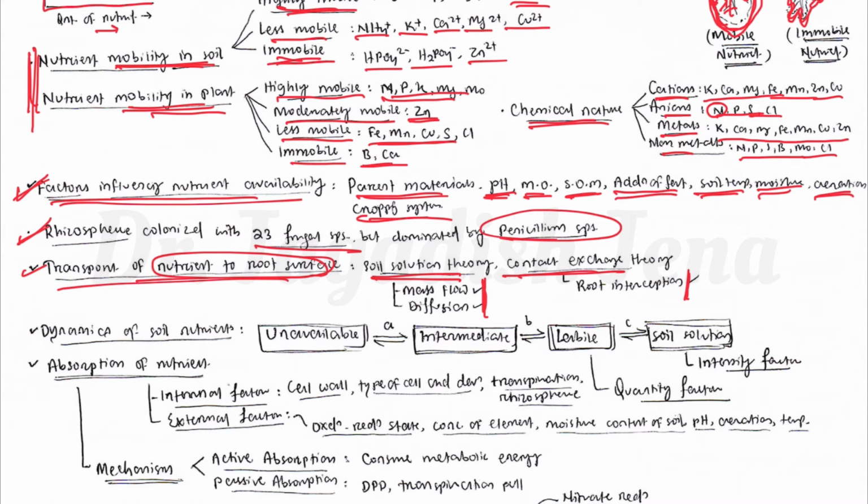So mass flow means when there is a transpiration gradient. Suppose this is the plant system again, these are the canopy. What is the transpiration pull? Suppose there is soil, and whatever the water potential is in the plant, the water potential is more negative, meaning more water is demanded by the plant.